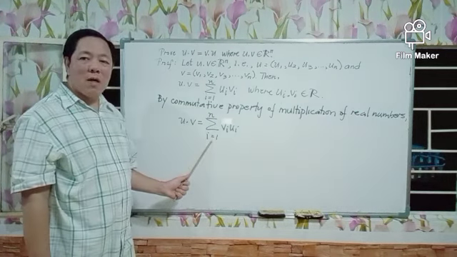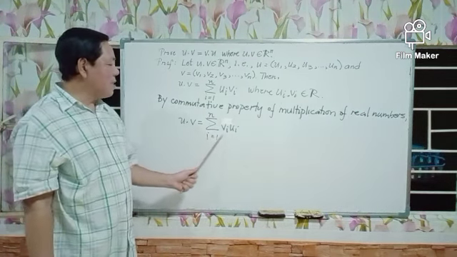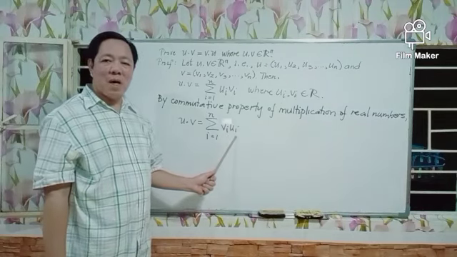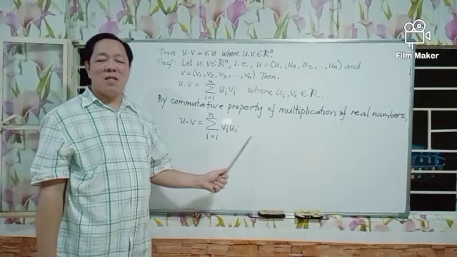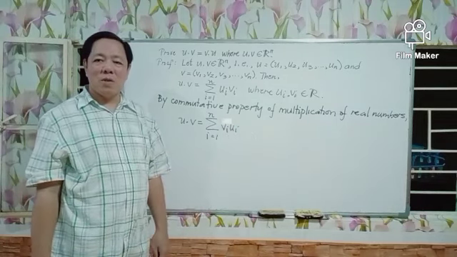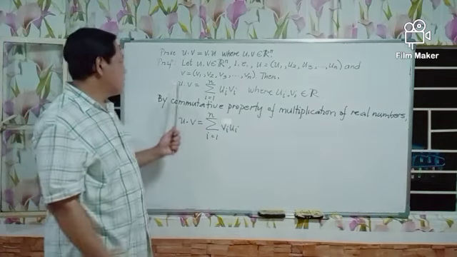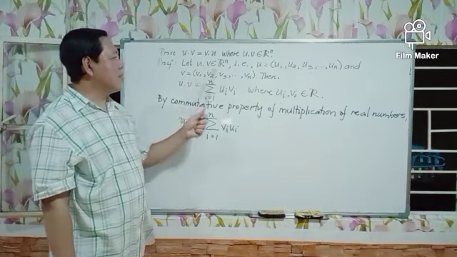But consider now this summation of the product v sub i times u sub i. This is exactly the dot product of the vectors v and u.